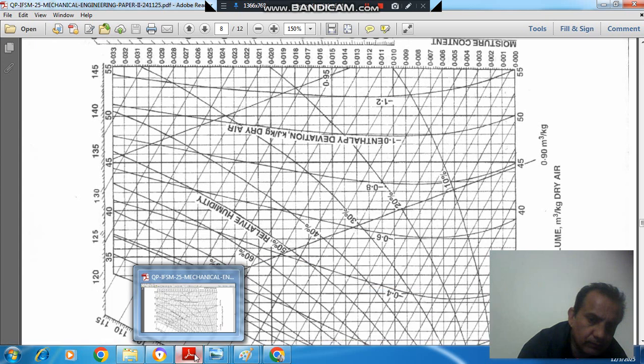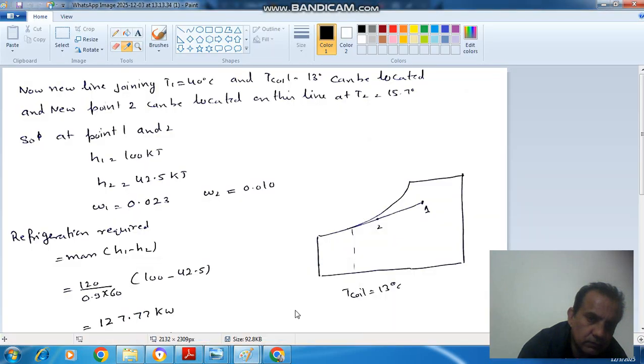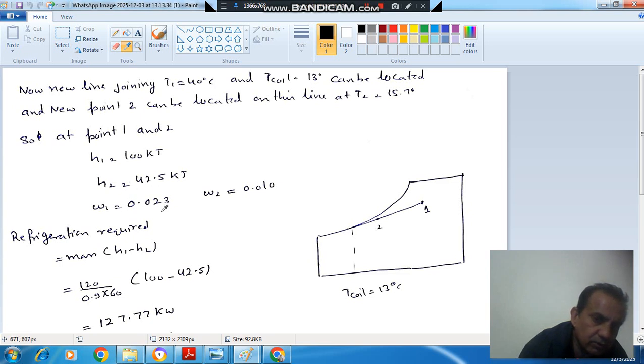So these are the values. H1 is 100, H2 is 42.5, omega 1 is 0.023 and omega 2 is 0.010. So the equation required is mass times H1 minus H2. So that is 127.77 kilowatt. So this is 120 by 0.9 by 60. This is the mass and this is the change in enthalpy.